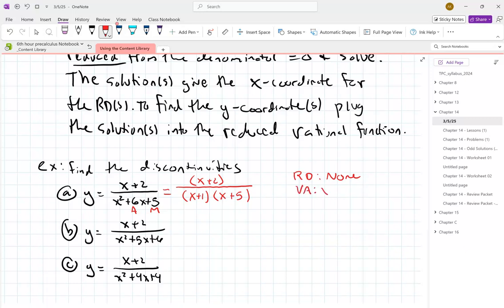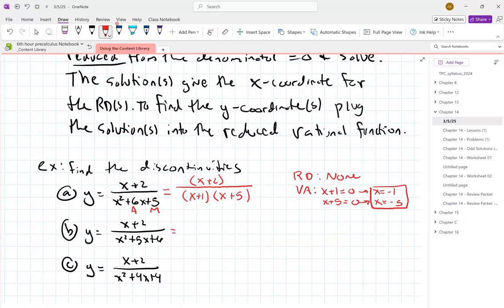So for the vertical asymptotes, I'm just going to set these factors equal to 0, and I get two vertical asymptotes here. One of them at x equals -1 and the other at x equals -5. Everybody feel good there? Let's do the next one.